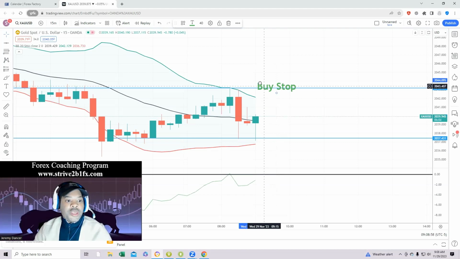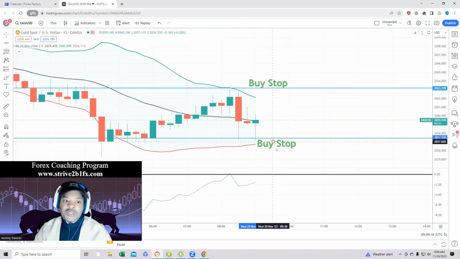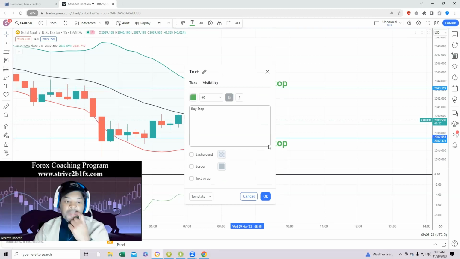So in essence, if we want to buy, we want to buy if the price is above 2043. And then we want to sell if the price is going to be below 2037.56 roughly.